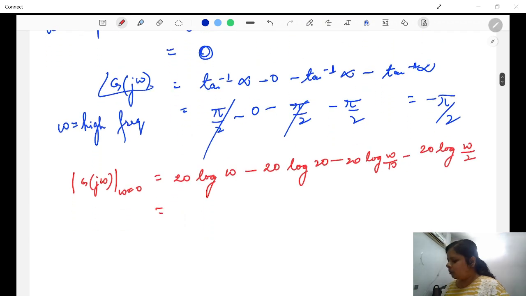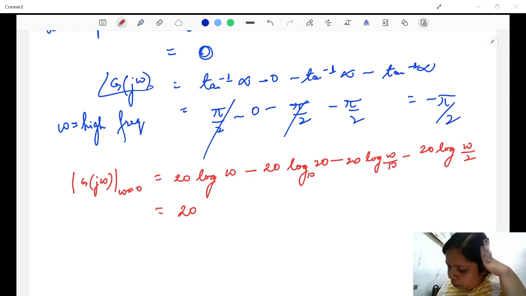Yeah. So this term, we did not see the same thing. I'll show you. So what would it eventually become? Can anyone tell me? As omega tends to 0, what are we going to see?